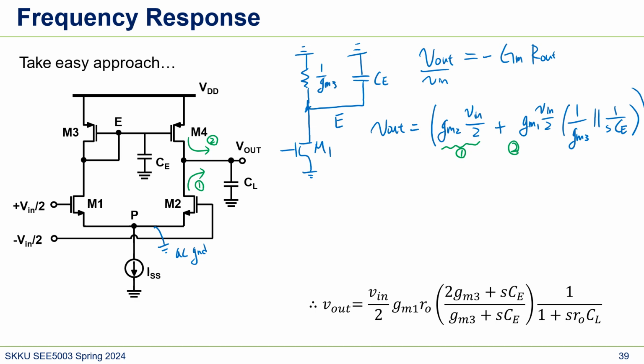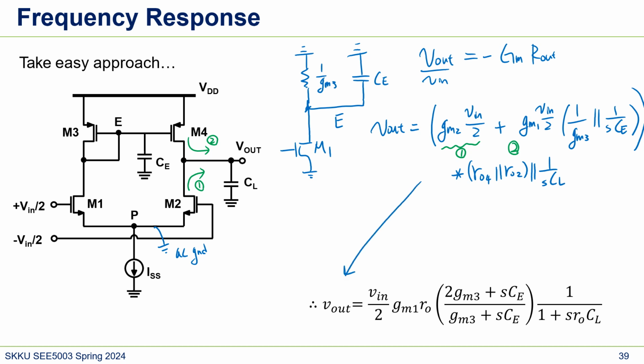So we got these two times R out. R out would be RO4 parallel RO2, also parallel 1 over SCL. So this is V out. And then if you do the math, fully calculated, we get this.